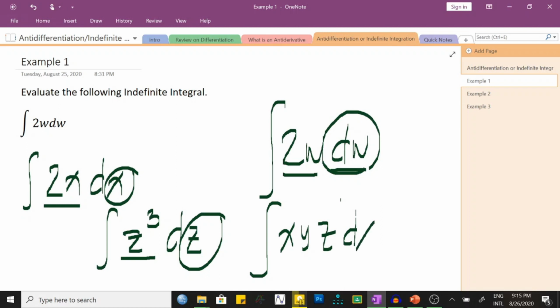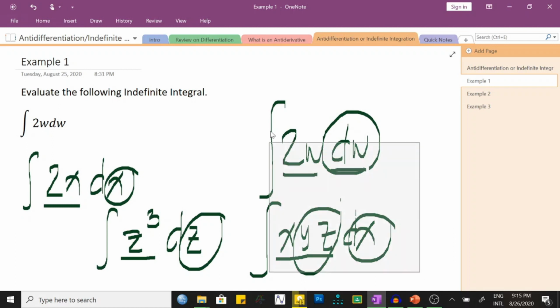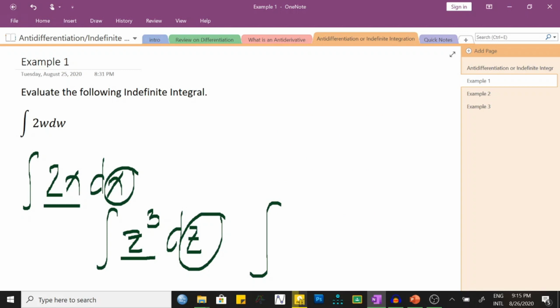So for example, if I write dx, this means that I have to integrate x, y, z with respect to the variable x. That means y and z will be initially treated as constants. So that is our notation for antidifferentiation.